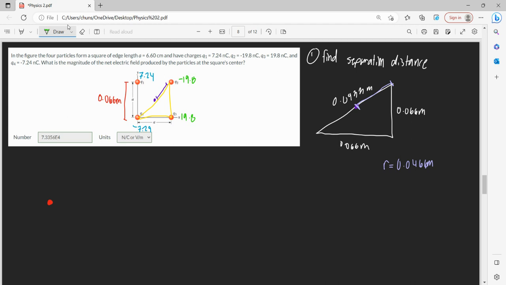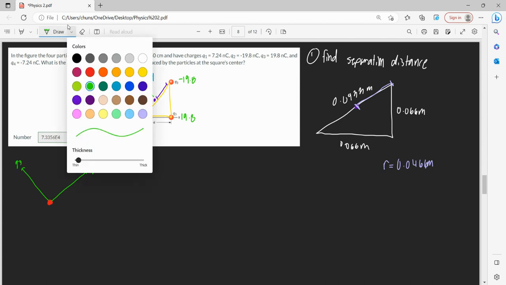So this is an attractive force, so that means it's going to be pointing to there at a longer length. And then it's going to be deflected from our 19.8. So that means it's going to be going that way from Q3. So these are the same magnitude because they are both 19.8. So this is Q2, and this is being deflected away from Q3.